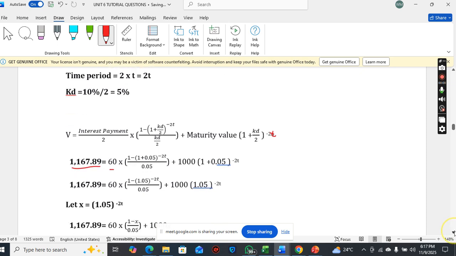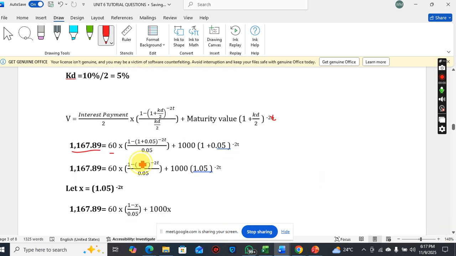So this 1.05 to the power negative 2t here, we substituted it with x. This one and this one, we substituted both of them with x, so that we can solve the equation properly. It will be kind of difficult if you just leave them there and solve. It gets kind of tricky, there's a lot of calculation.